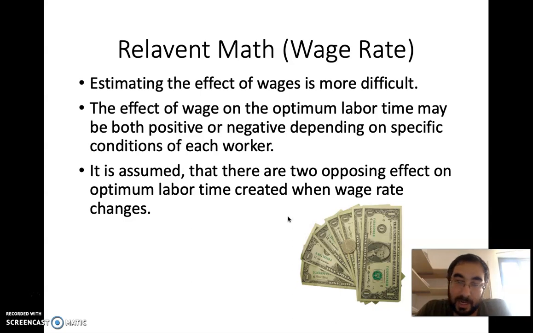So since I'm able to earn more per hour, now I might afford to work less to get the same income, and I might have more leisure time to spend on what I like, with my family maybe. But also, since I'm able to earn more hourly, I might decide, okay, my 1 hour of work is worth more. By giving up 1 hour of leisure, I am able to get even more consumption.